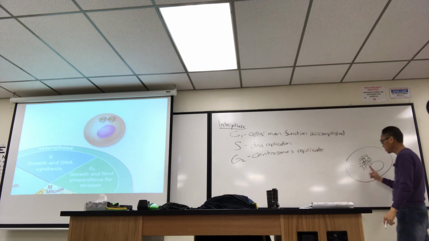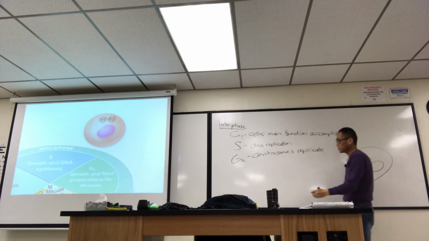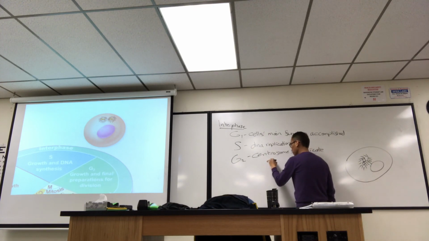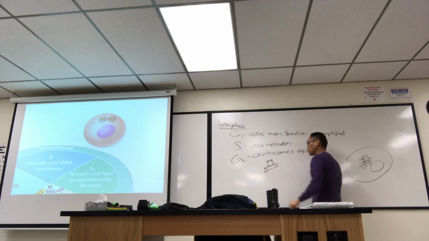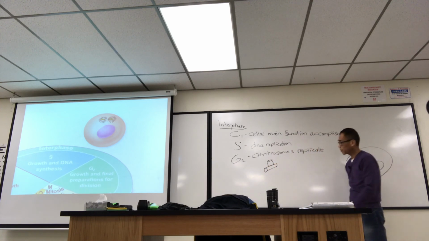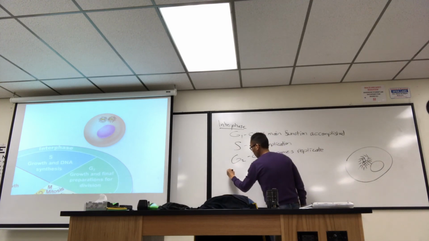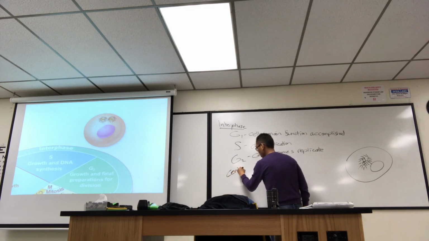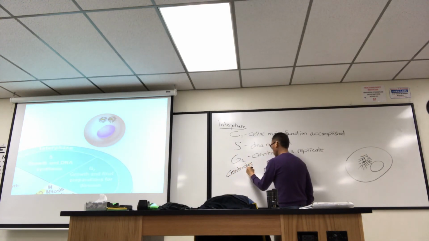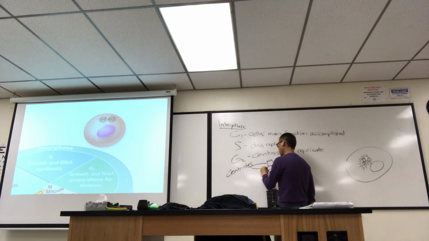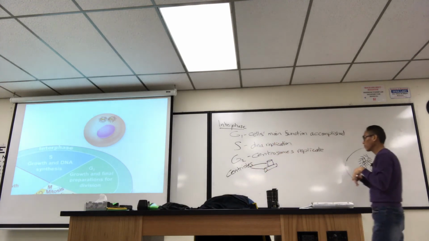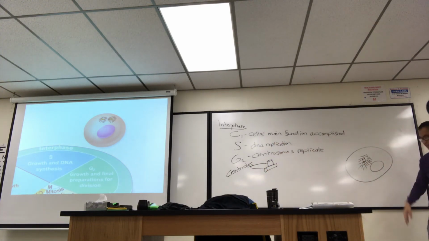What a centrosome is, this thing. Let me draw it out here. A centrosome is two centrioles. Those two are usually perpendicular. And there's a bunch of rays coming out of it.